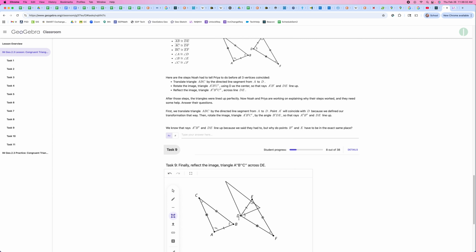So this is now point A prime. It'll also be A double prime and all that sort of stuff every time we change things up. This is now B prime. And this up here is C prime.